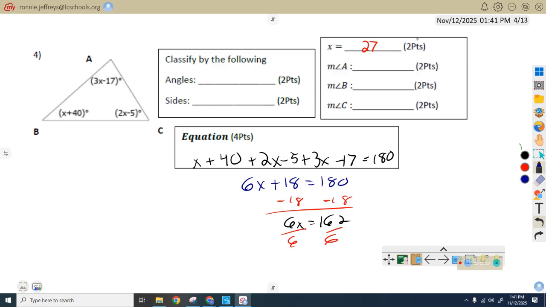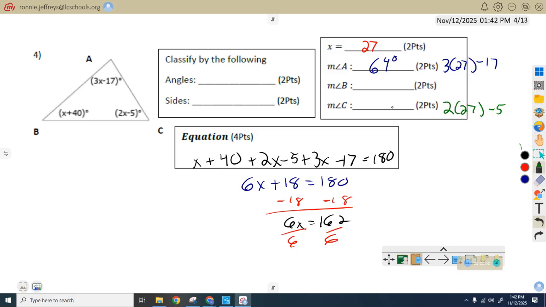That means that angle A is 3 times 27 minus 17. 3 times 27 minus 17. Alright, so this is 64 degrees. Angle C, 2 times 27 minus 5.